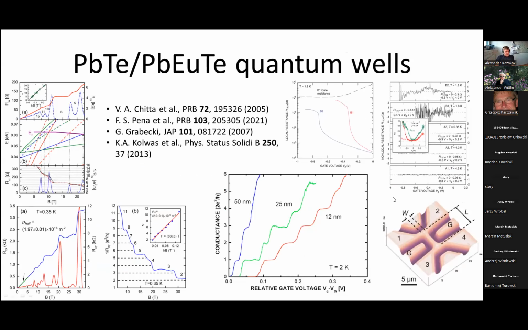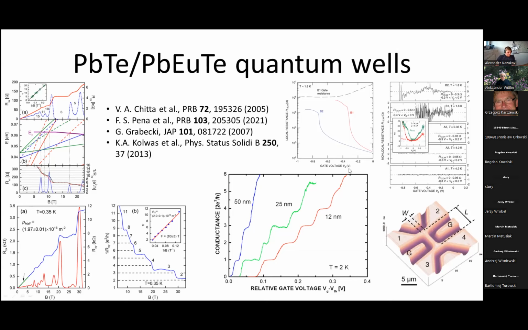Such materials were studied also here in FPAN by Professor Grabetsky, who saw quantization of the conductance in narrow channels. He also looked for signatures of topological edge transport, and he confirmed that in lead telluride it is absent.